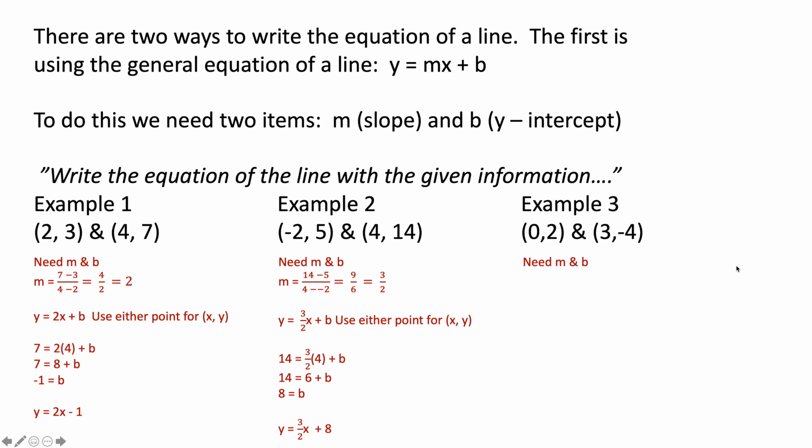All right, so how does this look? I need the slope and the y-intercept. To do that, I go negative 4 minus 2, but my mistake before was I forgot about the negative, over 3 minus 0, which gives me negative 6 over 3, which is negative 2. So that gives me y equals negative 2x plus b. Again, I can use either point for y. It's kind of funny here.